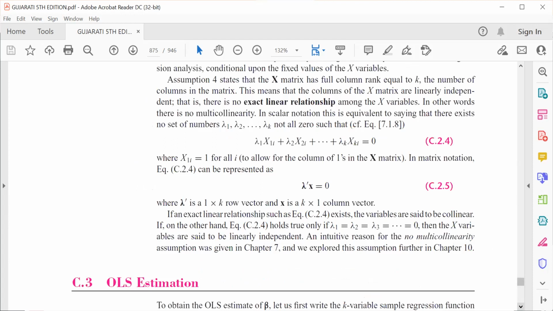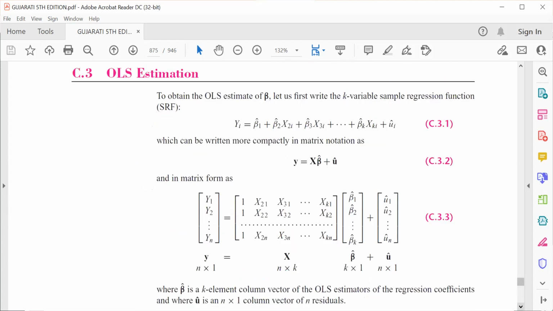And how do we calculate the parameters using the matrix approach? Now we have equation C31, and we can simplify the model like C32.